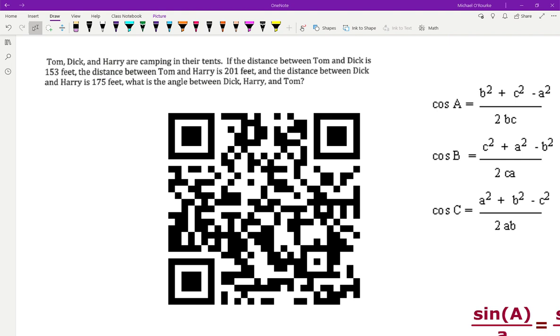I'm still waiting for people to add to the Padlet. Remember, you don't have to put your name on it, just throw a picture of your diagram in it. Okay, there's one. Good, and there's no real right way to draw your triangle.